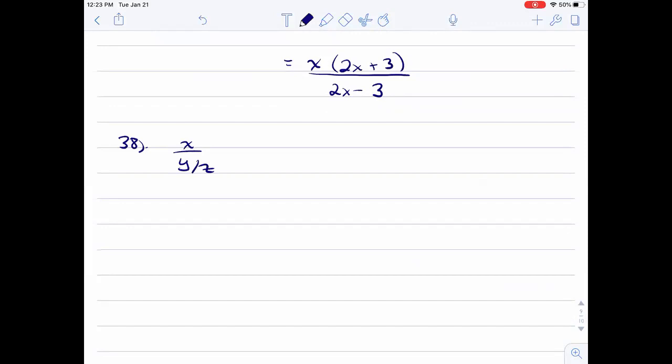And do the division. Well, that's the same as x over 1 divided by y divided by z, right? So we've got a fraction over a fraction. To simplify those, we have to flip and multiply.